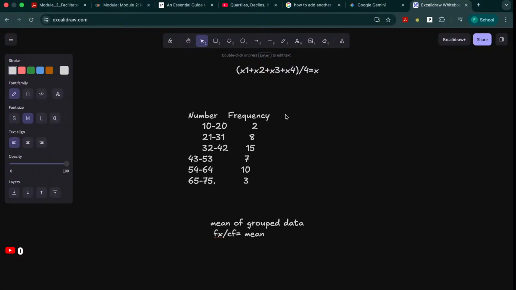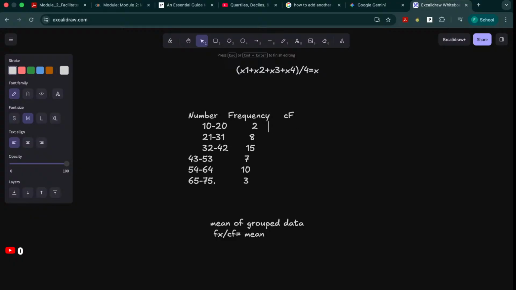So here on this table we are supposed to create another column which is called cumulative frequency. Let me write it as CF.